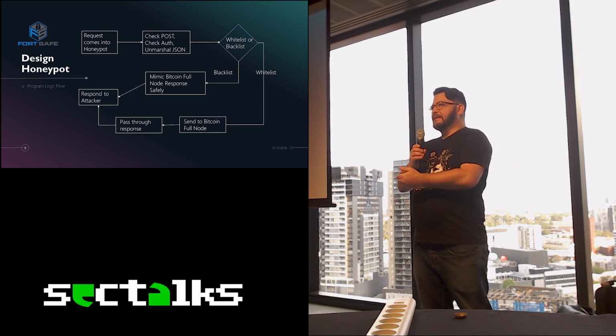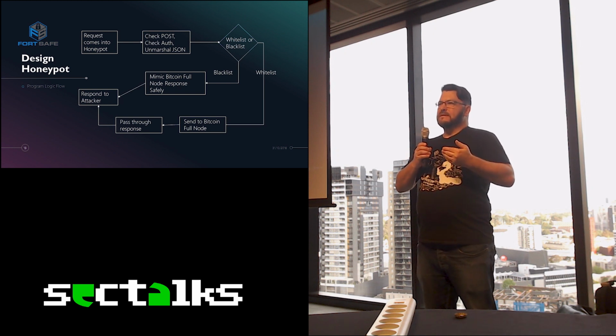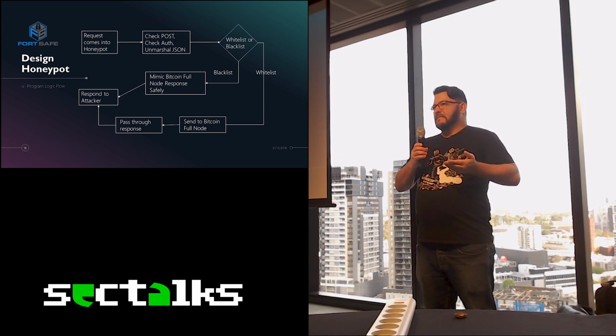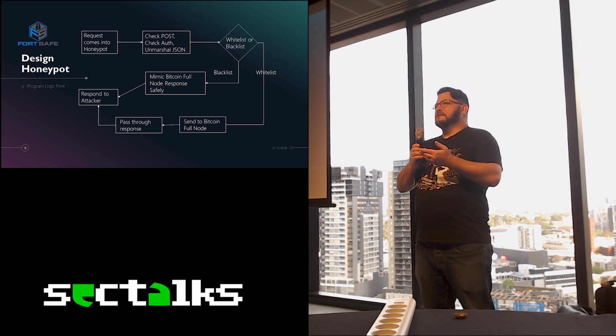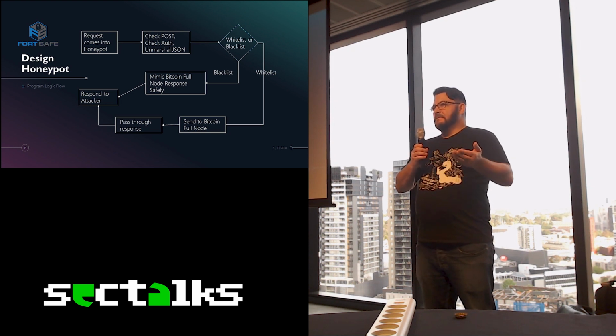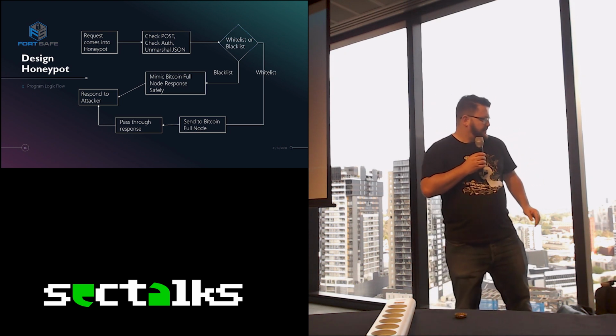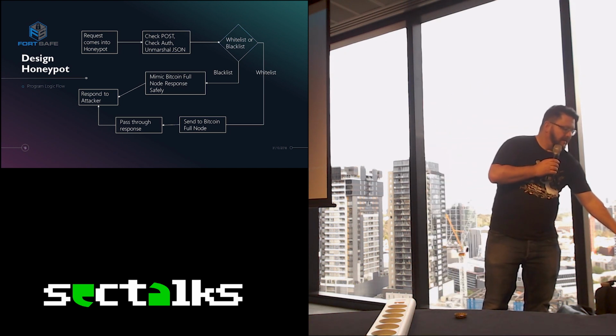Is it what we would consider safe, and therefore can it be whitelisted? Or is it dangerous and we need to blacklist it? If it's a blacklist, then we simulate, mimic the Bitcoin full node response. If it's a whitelist, we send it to the Bitcoin full node and pass through, and both of those branches come back to the attacker.